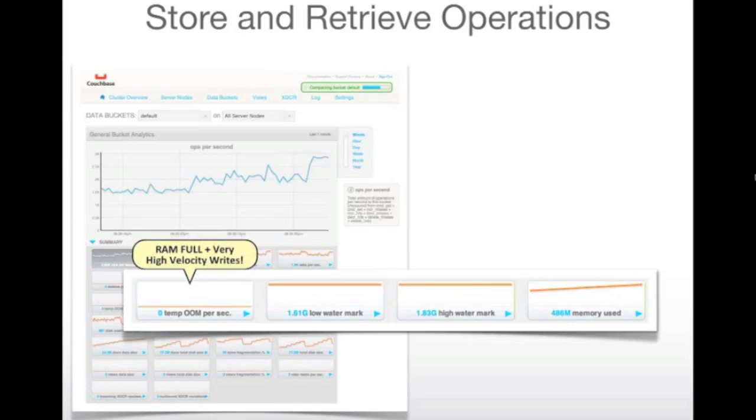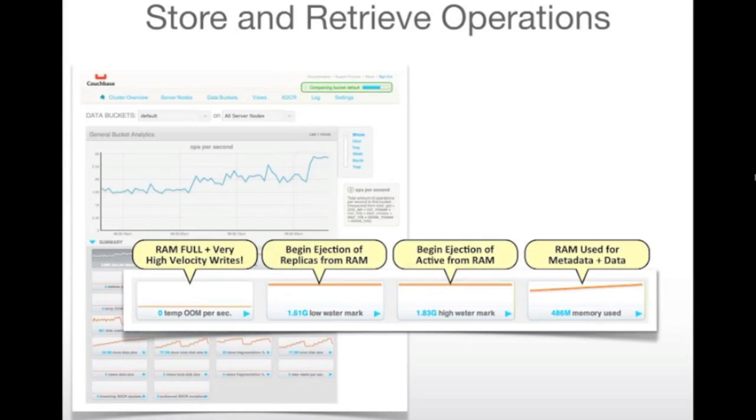You handle that and you retry the operations, and it's based on the amount of memory being used for metadata and data, and what are called the high and low watermarks. These watermarks are basically out of the available RAM. When we get to the low watermark, we begin ejections and then of replicas. So we're going to maintain replicas within RAM. And once we get to the high watermark, we're going to start ejecting from the active partition, not the replica partition. So these are numbers for understanding when that will happen.